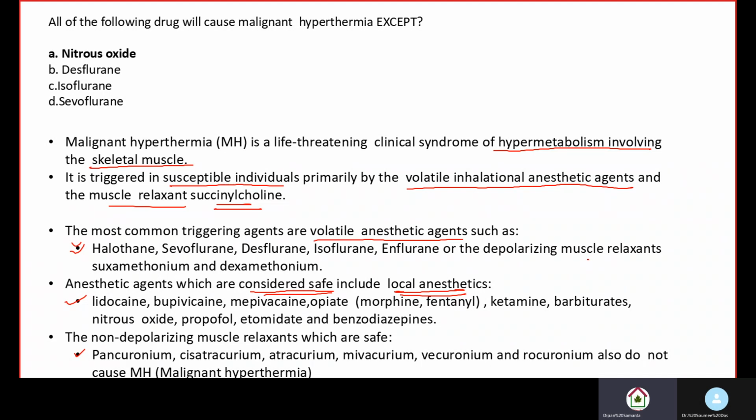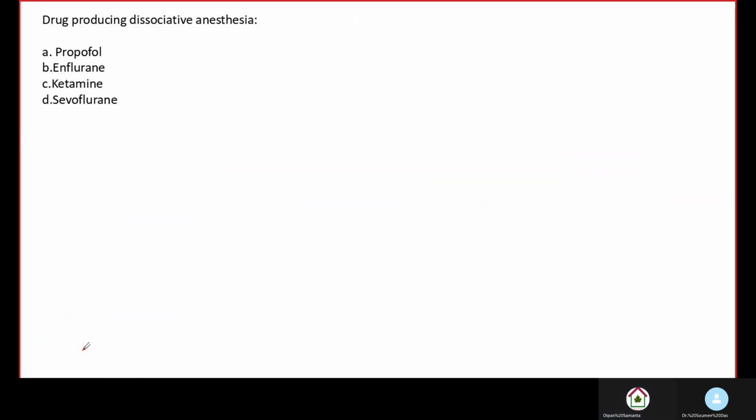They also do not cause MH. Drugs producing dissociative anesthesia include propofol, enflurane, ketamine, sevoflurane.